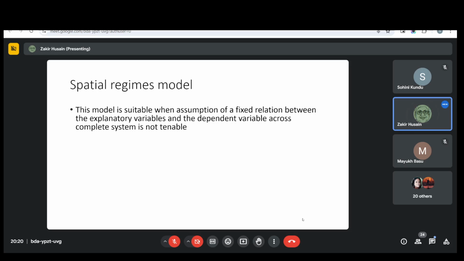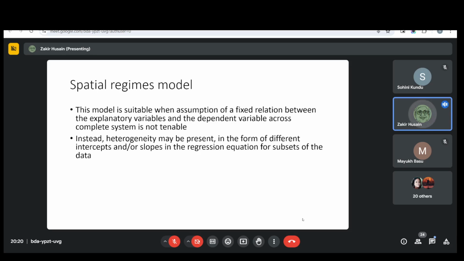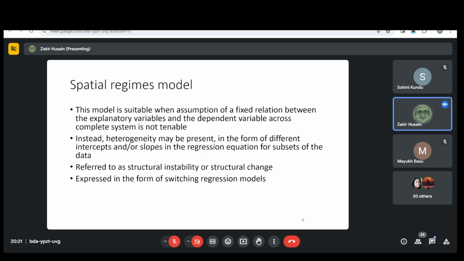So spatial regime models are suitable when the relation between y and x varies across the system. Heterogeneity may be present either in the form of different intercepts, or both intercepts and slopes are different. Just as in time series regression models, it is referred to as structural instability or structural change.